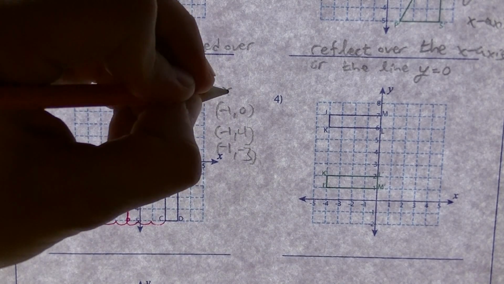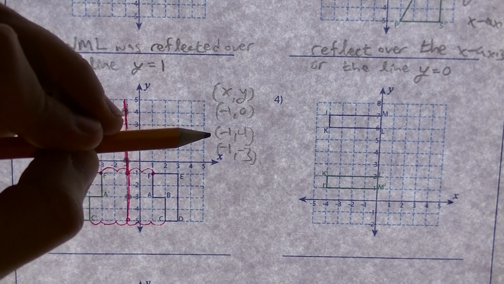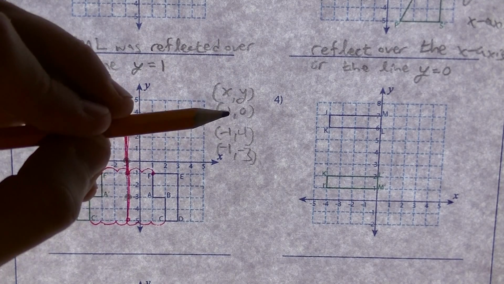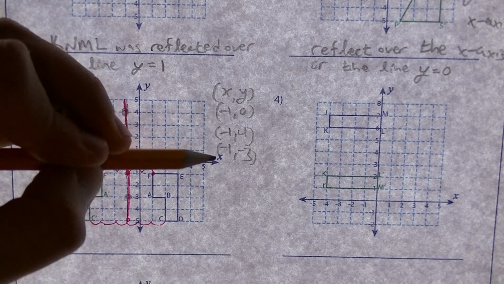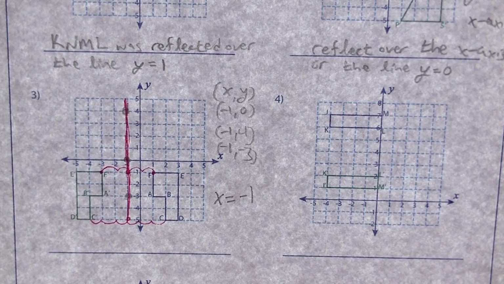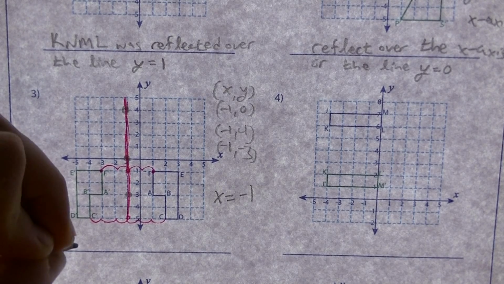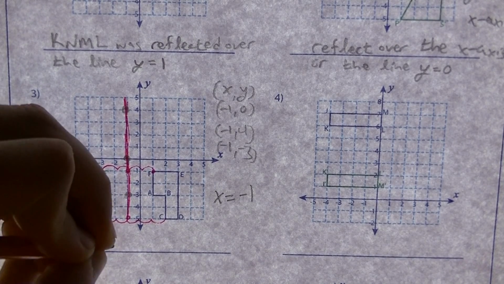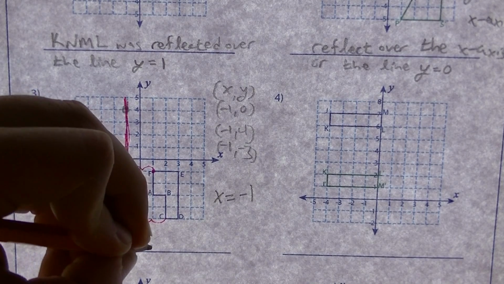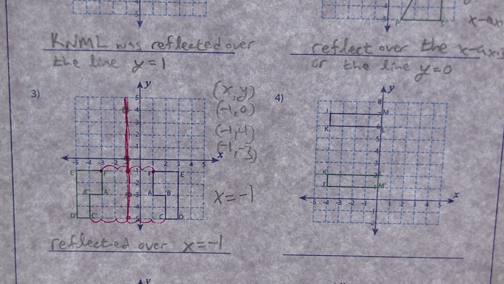Now here my pattern is showing me my x is staying the same. So instead of saying y equals something, this time the name of this line is going to be x equals -1. And to write the rule of my reflection, I would just say reflected over x equals -1.